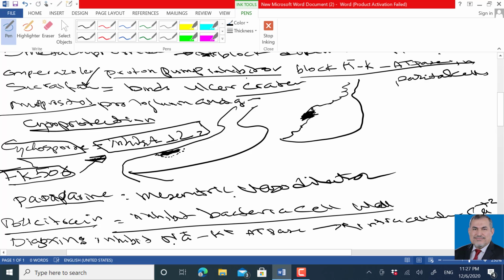So it inhibits sodium potassium ATPase and increases calcium in the cardiac cell.